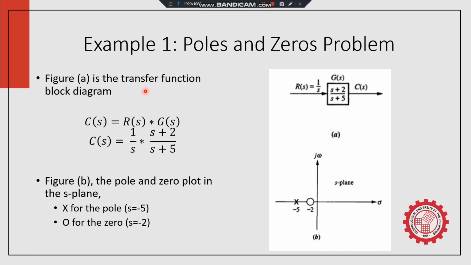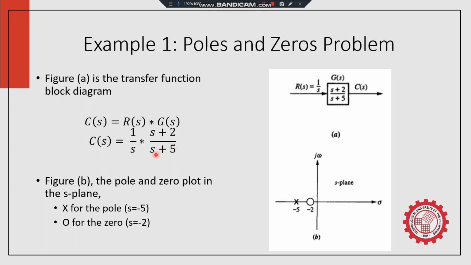For our example, we have this transfer function G(s) equal to s plus 2 over s plus 5, and our input signal, take note, is a step input, 1 over s, if you recall from our previous slides. So we're going to have the equation C(s) equal to R(s) times G(s), where R(s) is 1 over s, and G(s) is s plus 2 over s plus 5.